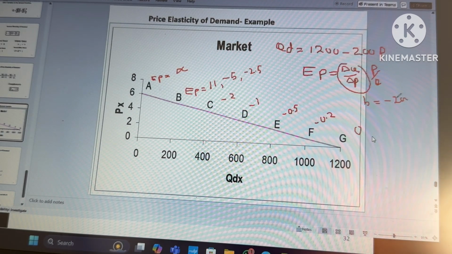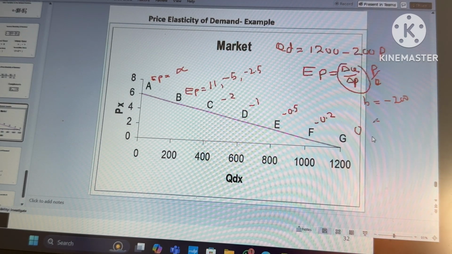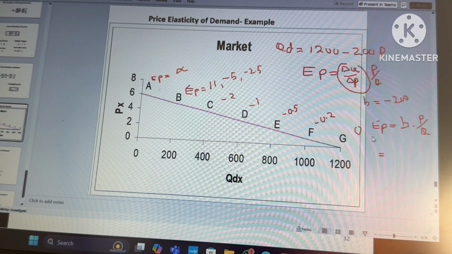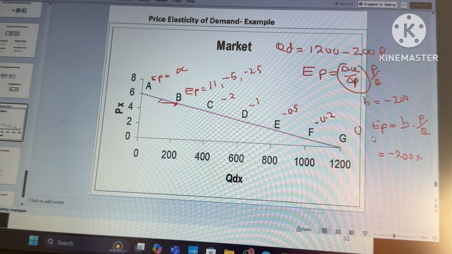So price elasticity of demand you can write as B times P over Q. At point B, minus 200 multiplied by the price, 5, over the quantity, 200.